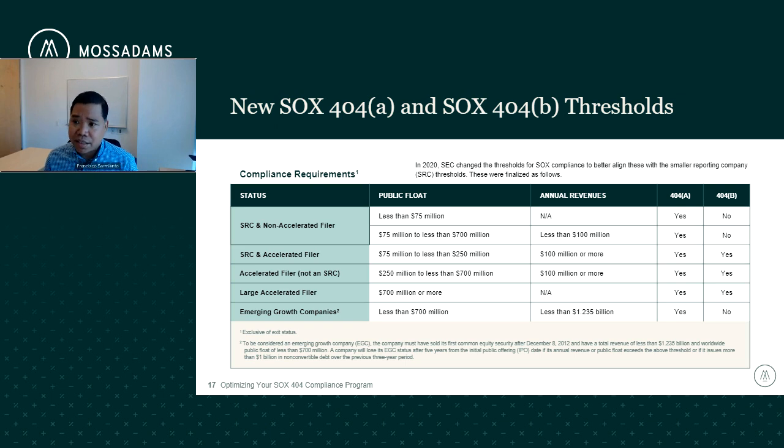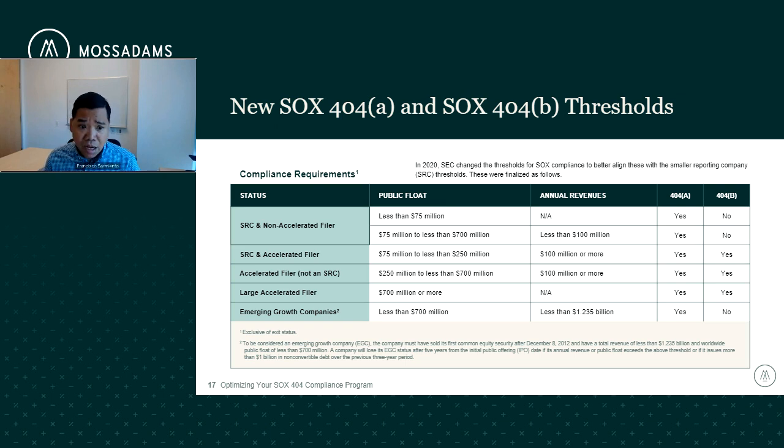And then in 2012, with the JOBS Act passing, they created another category called emerging growth company, that gave companies 5 years of a ramp-up period before they have to comply with 404B requirements, assuming that they stay within the limits of public float, revenue, and public debt. And then in 2020, they added another category, which is the SRC, or smaller reporting company, to give a bit more reprieve for companies who have a smaller public float and also do not have a lot of revenue.